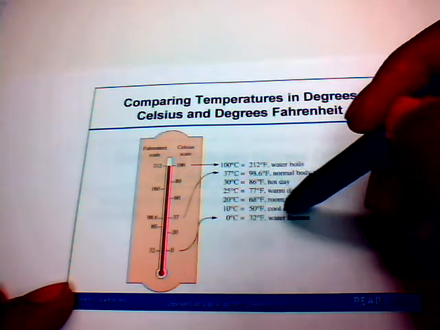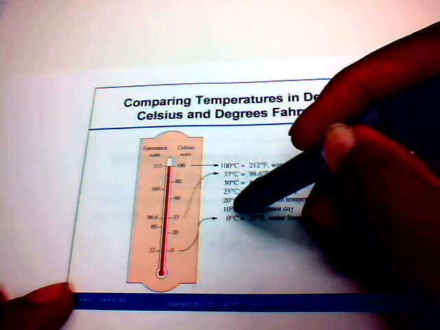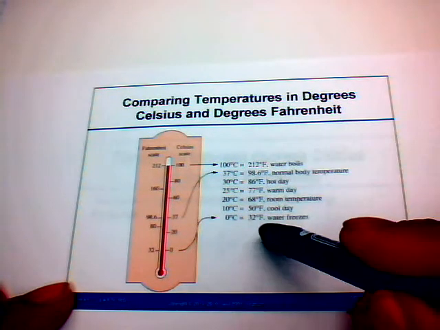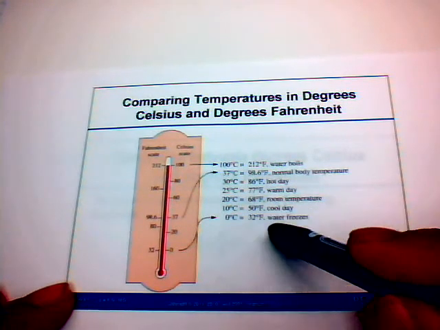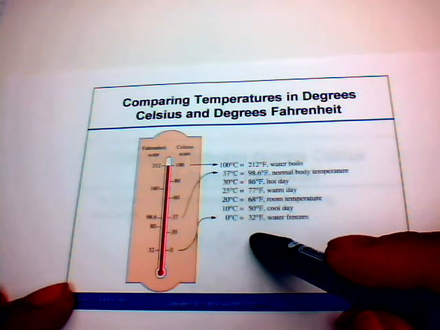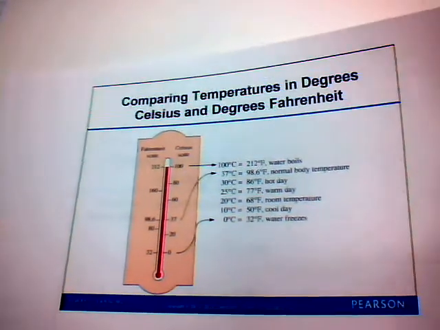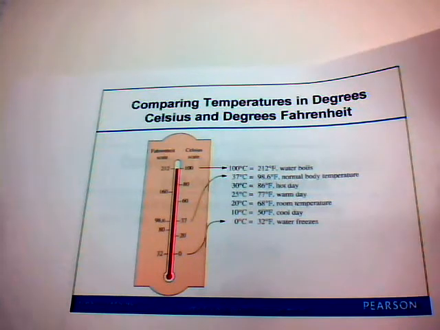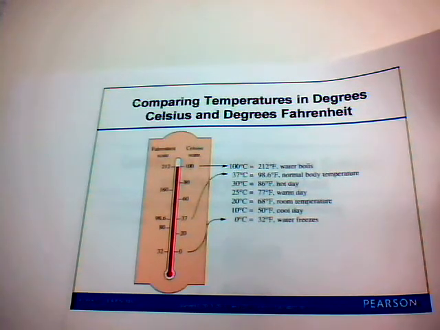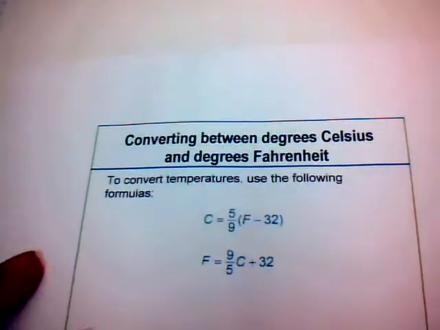And on a cool day, 50 degrees Fahrenheit will be 10 degrees Celsius. And the freezing mark, where water freezes, is 32 degrees Fahrenheit. That's 0 degrees Celsius.